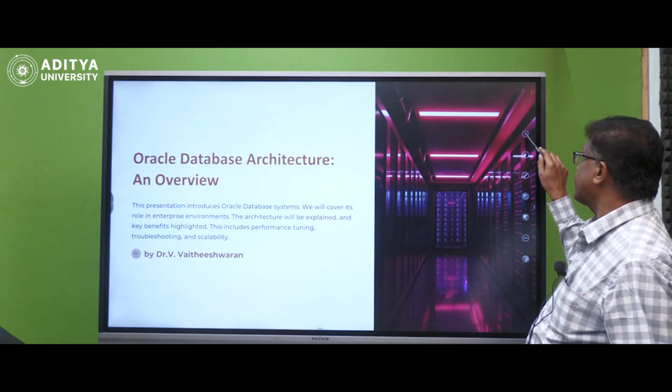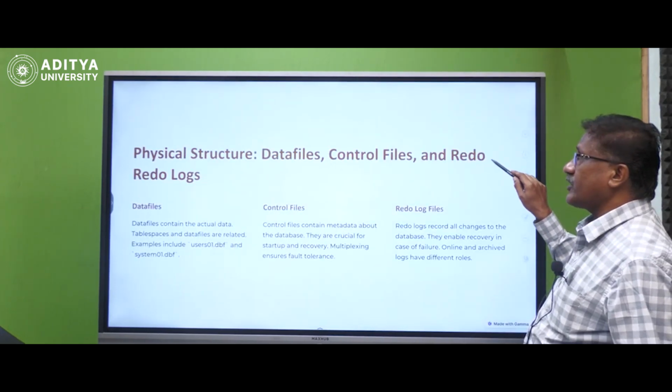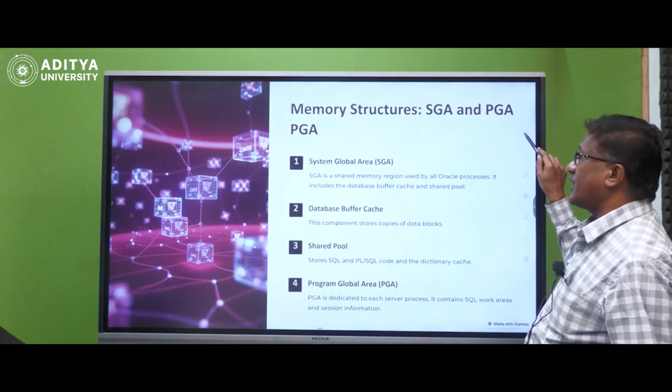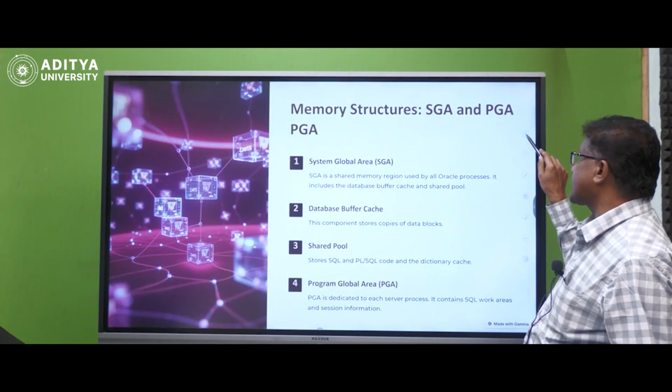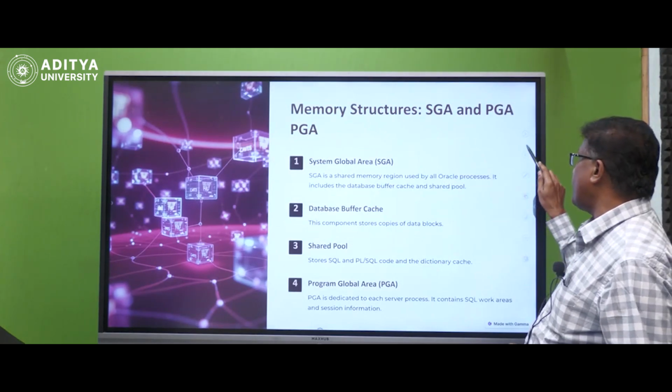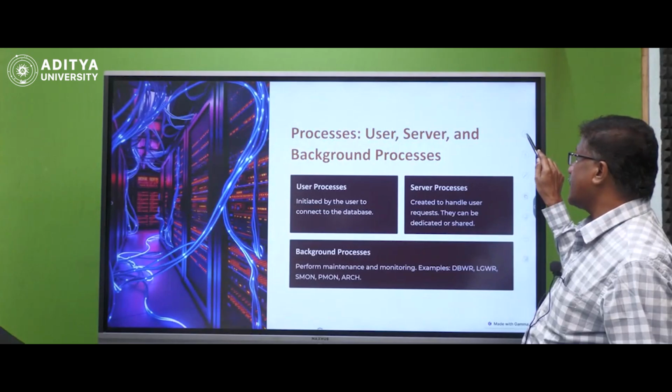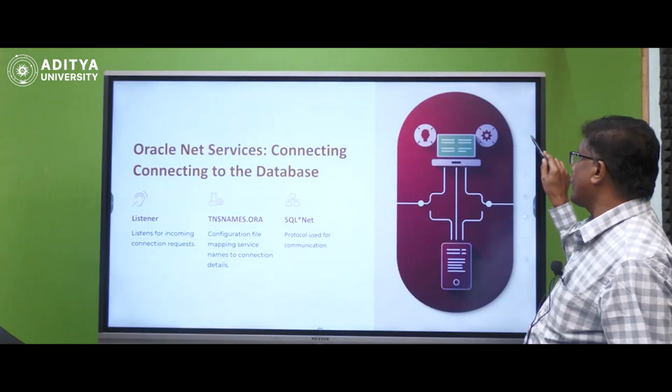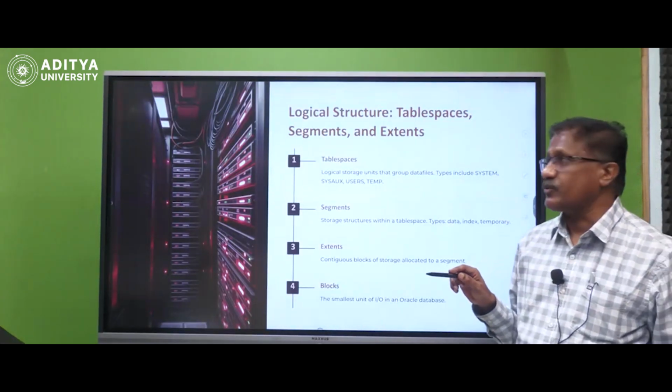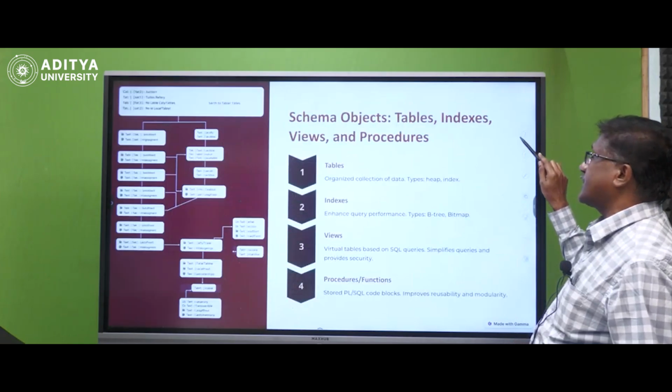Architecture involves the physical architecture and logical architecture, and the memory structure, SGA and PGA, processes at the user level and server level, and connectivity with internet-oriented applications using Oracle technology.